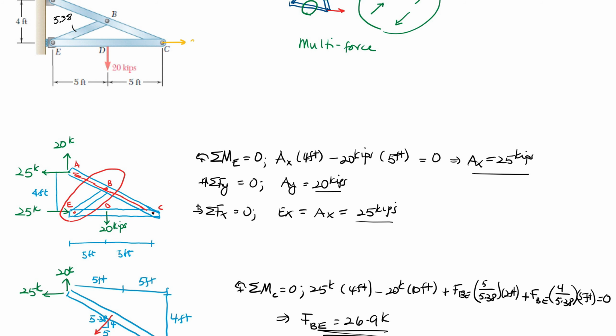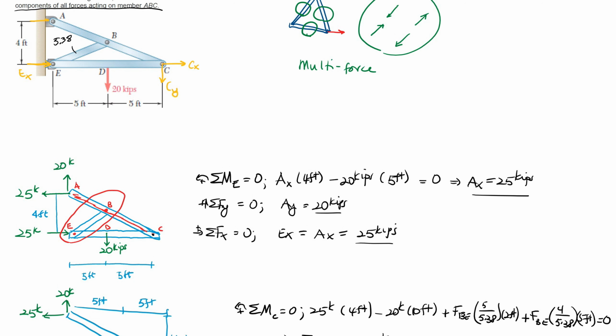So we have CX, CY, we have just a roller, so we have some force E, we'll say EX, we have AX, AY, and then normally we would have BX and BY and EX and EY, but because that's a 2-force member, we're going to do FBE, and it's as simple as that. So we have FBE over here.